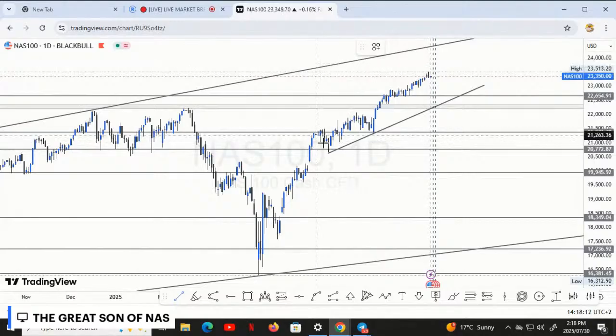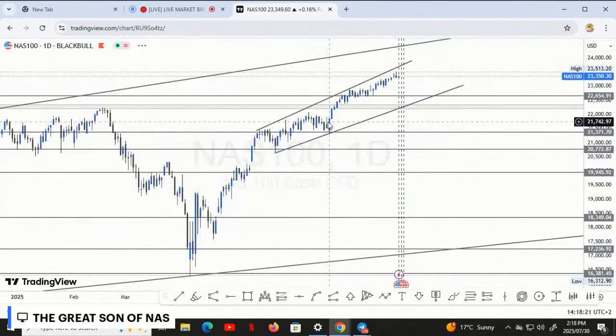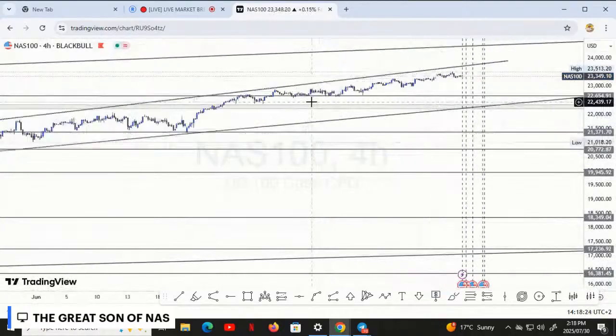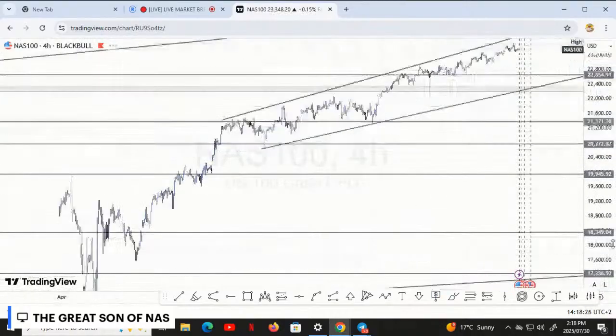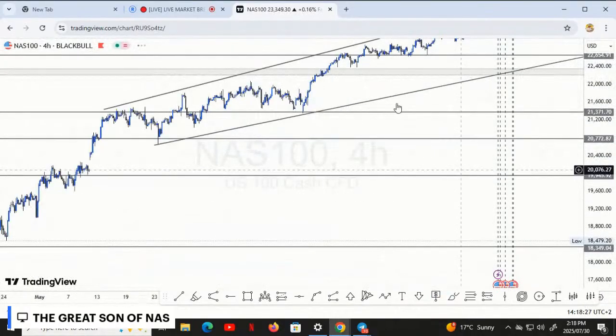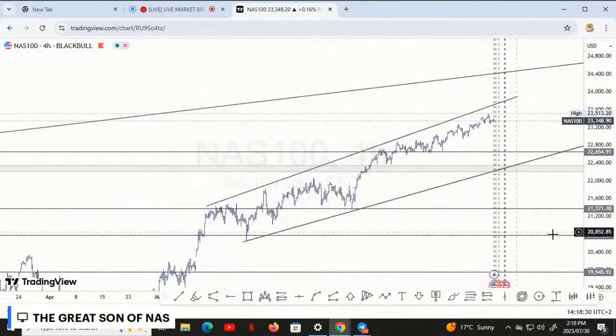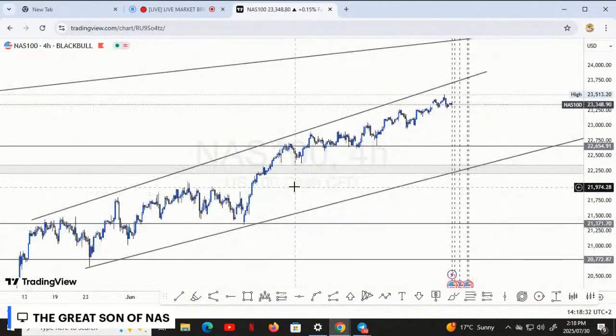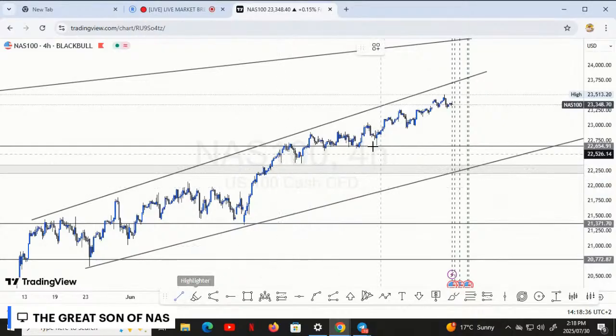You can see we had an uptrend. The market has been respecting this trend line, pushing to the top. If I move to my forward time frame, I have to zoom in to see the bigger picture. Now it's actually making sense, because we also have a major key here.